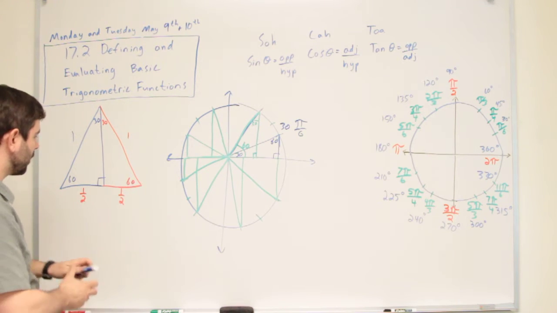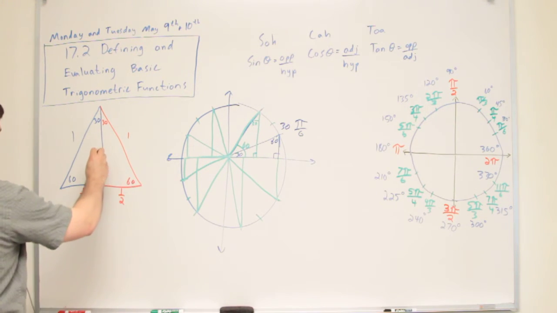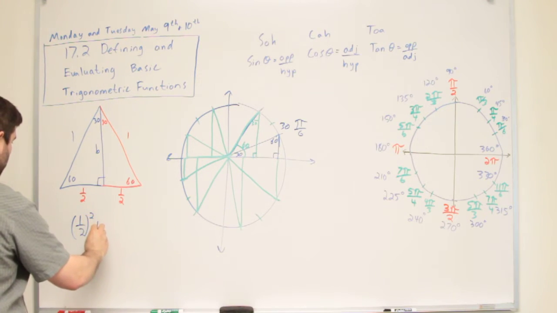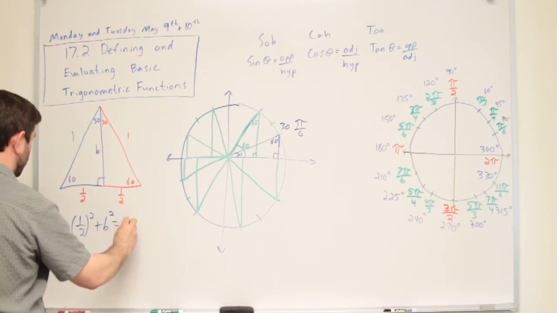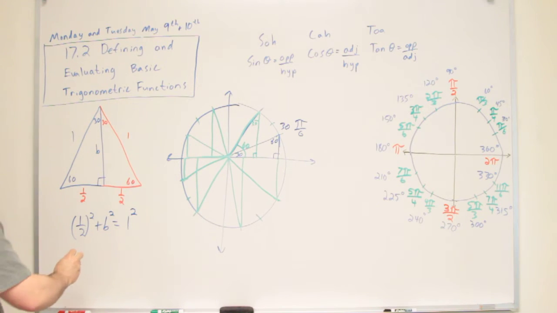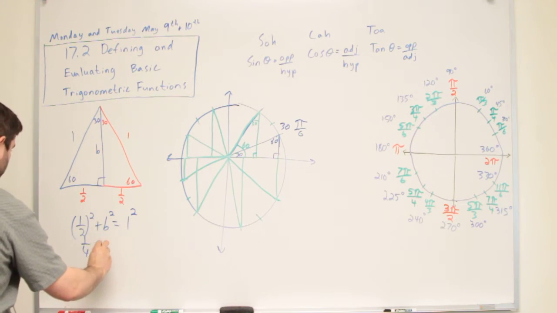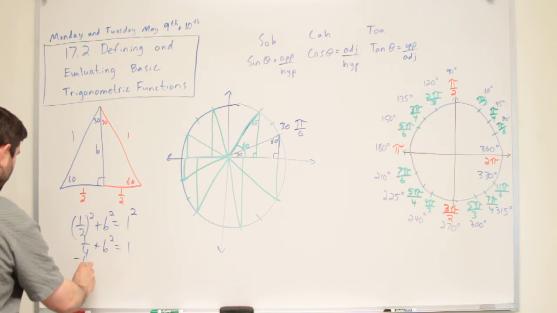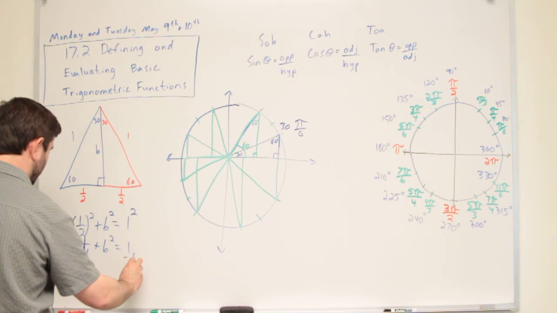Well, we'll just do a little Pythagorean theorem. We'll call this b. So 1/2 squared plus b squared equals 1 squared, hypotenuse squared. 1/4 plus b squared equals 1, minus 1/4, minus 1/4.